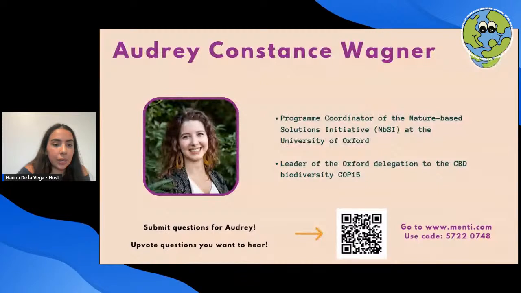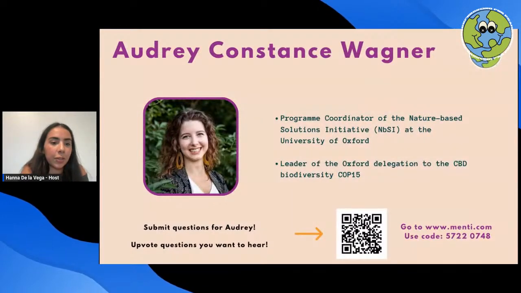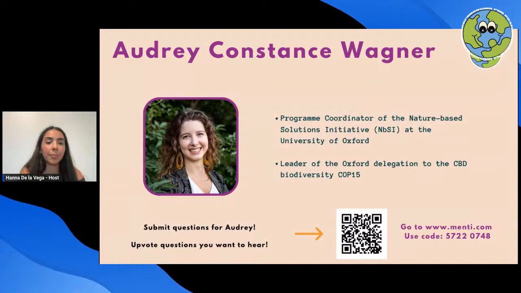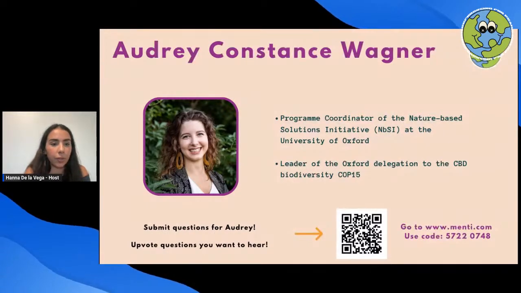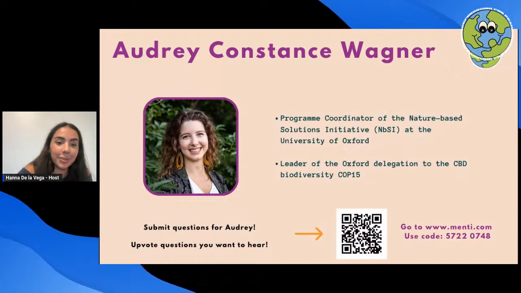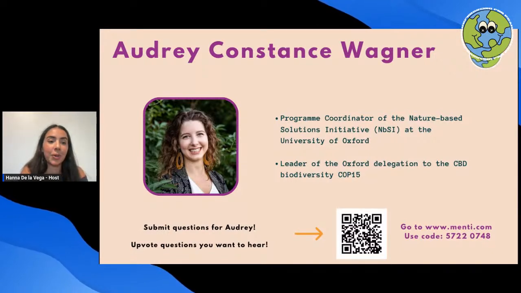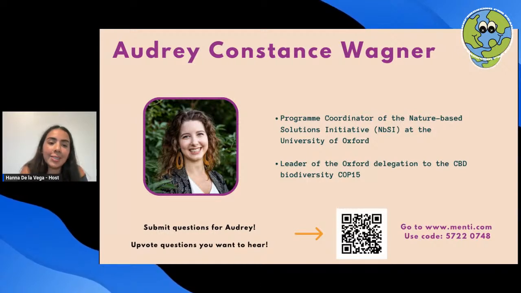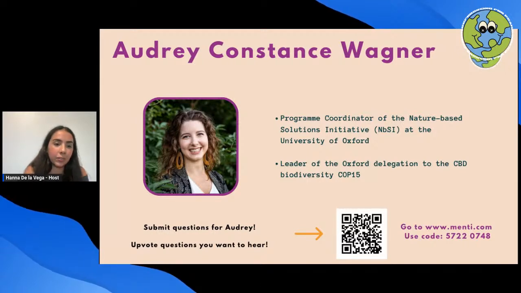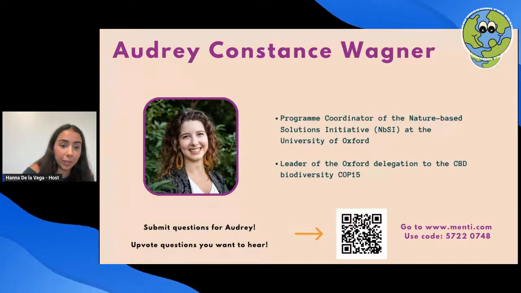She has an MSc in environmental change and management from the University of Oxford and a Bachelor of Science in environmental and food production, with a minor in international agriculture from McGill University. Previously, she has worked at the UN World Food Programme, the WFP, the International Institute for Sustainable Development, and has founded youth groups focusing on regenerative food systems and permaculture.